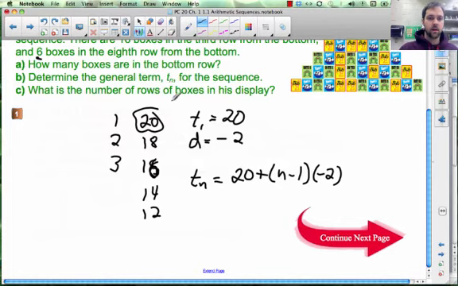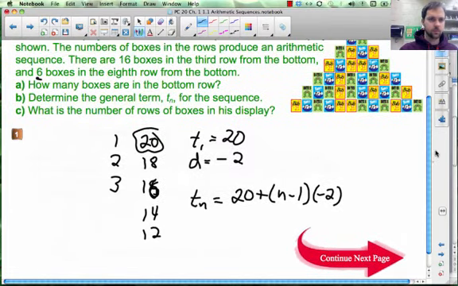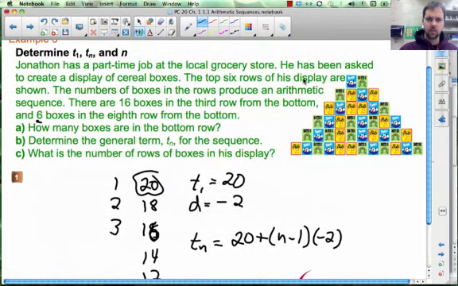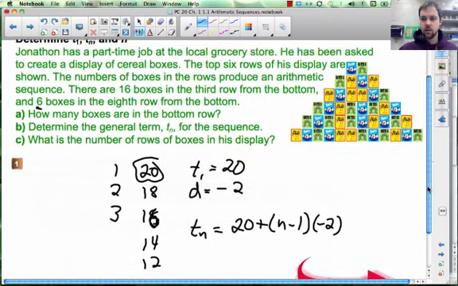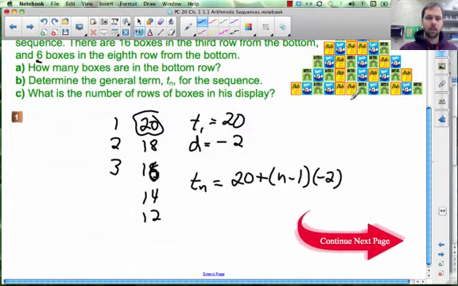What is the number of rows of boxes in his display? He's been asked to create a display. The top 6 rows are shown. So these are the top 6 rows. 1, 2, 3, 4, 5, 6, 7, 8, 9, 10, 11, 12. So, rows of boxes in his display.